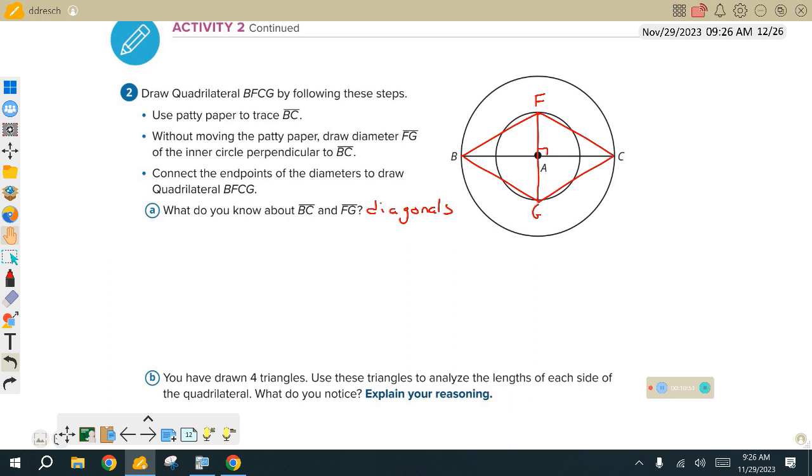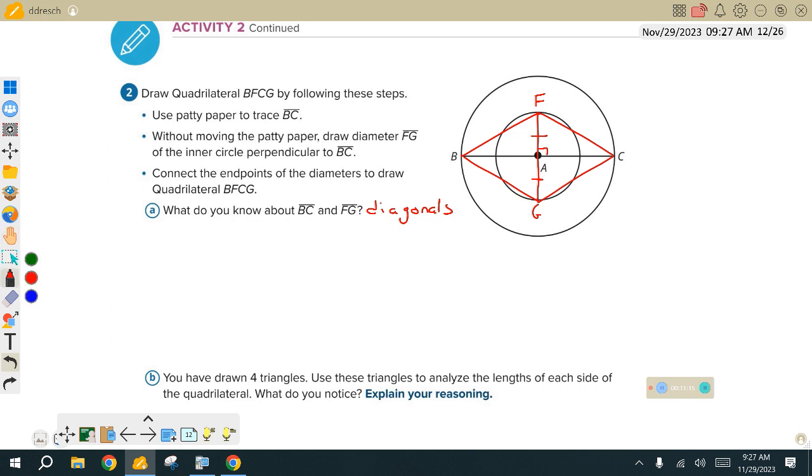As BC comes in, it cuts in half that diameter FG, so we get two congruent radii. The same thing happens for the other diameter: FG is cutting up the other bigger diameter BC, so we get two other congruent radii.